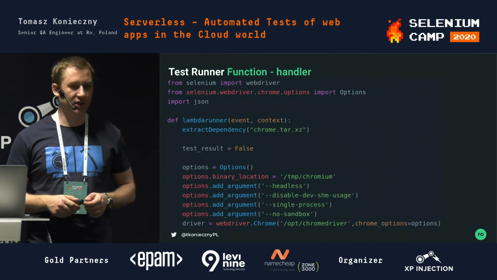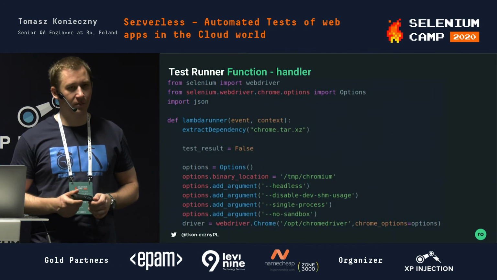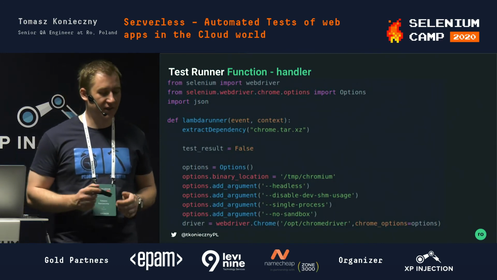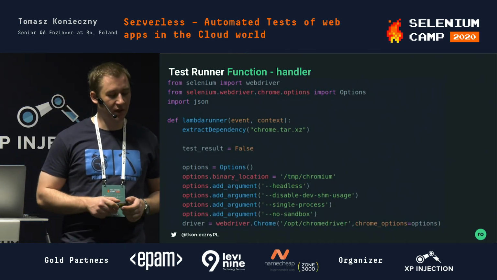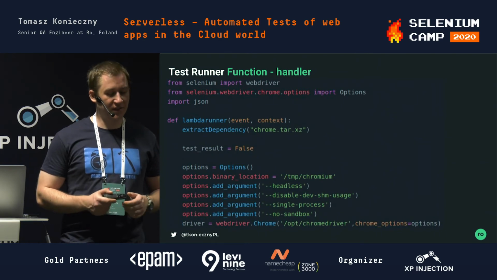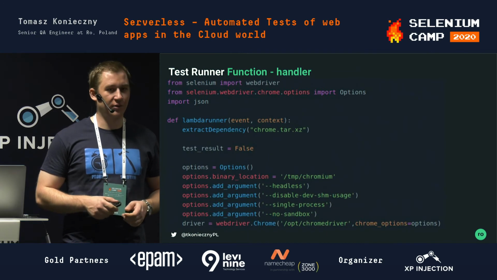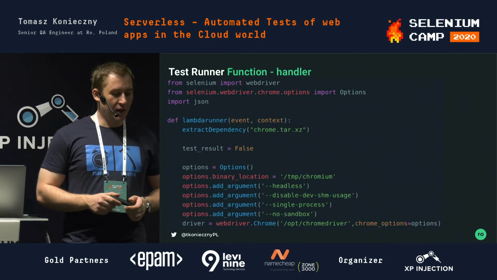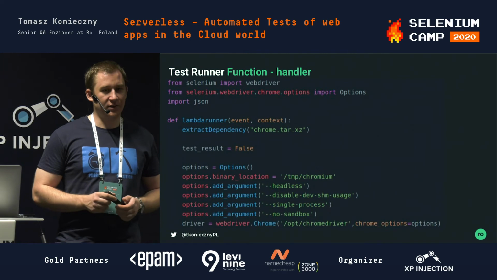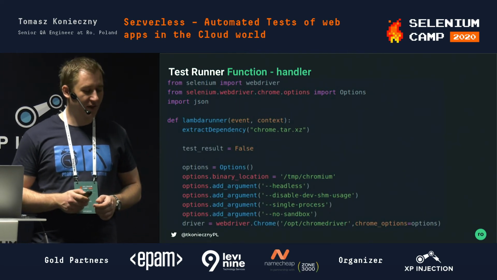We have event and context here. We can pass parameters from, for example, the runner to this specific function. We extract the dependency, so in this case, Chrome tar.xz, because we need the browser to be able to execute it. Test result, so that's for result storage for the specific function.